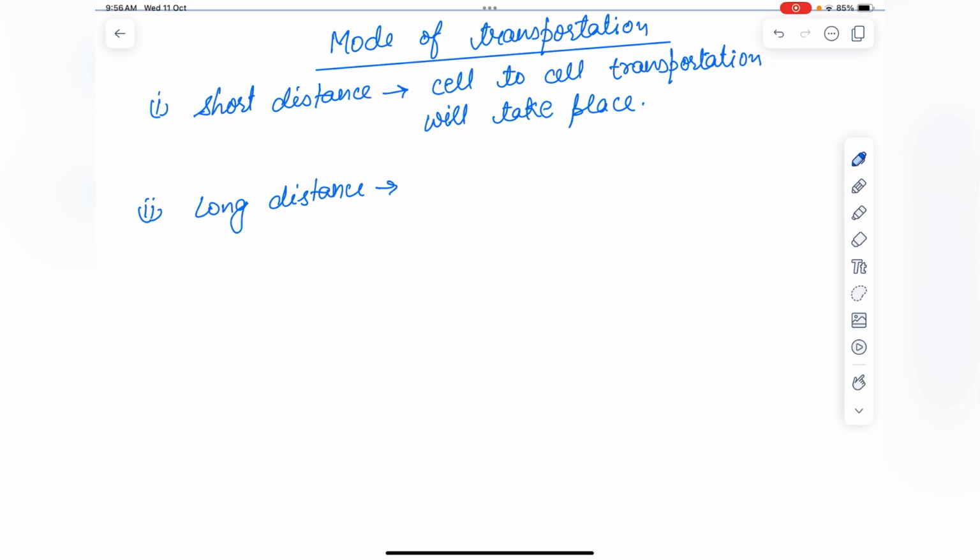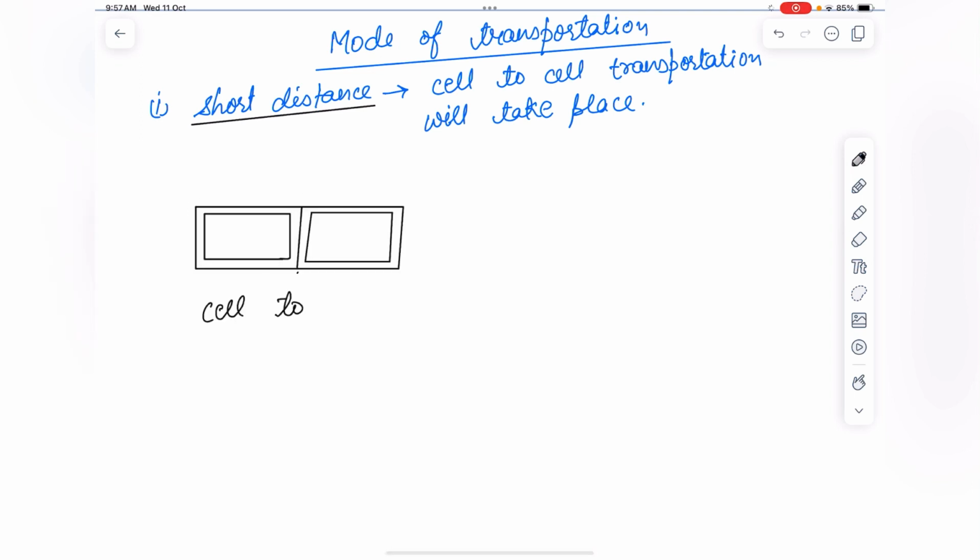In short distance, there will be cell to cell transportation. Like this is a cell. Cell to cell transportation means the materials will be transported from one cell to this cell, from outside. Like this, there will be an entry and exit from the cell.